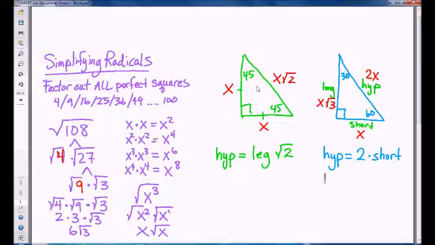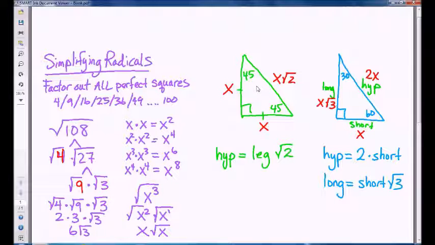And we also know that the long leg is the short leg times root 3. Again, your formulas will always work, but if you have the short leg, you can just substitute in, and if you have the hypotenuse, you can divide by 2 and substitute in. So make smart choices on those.